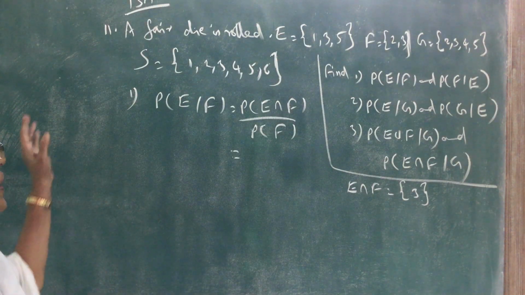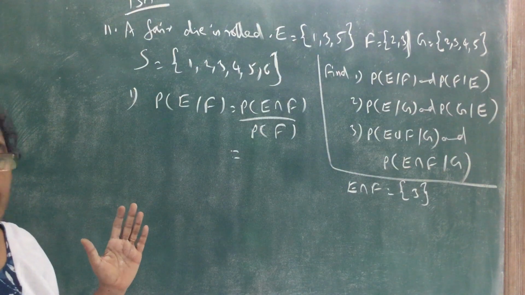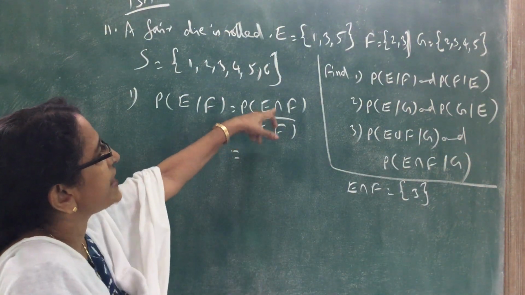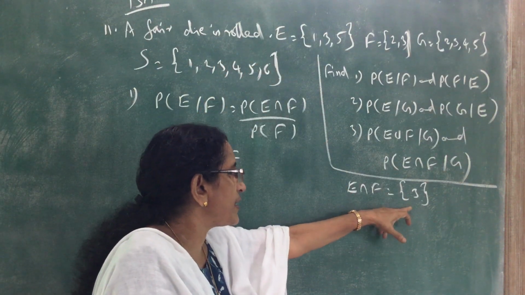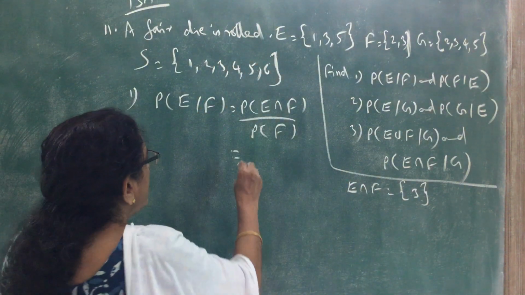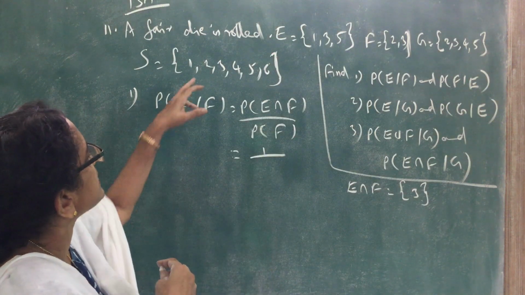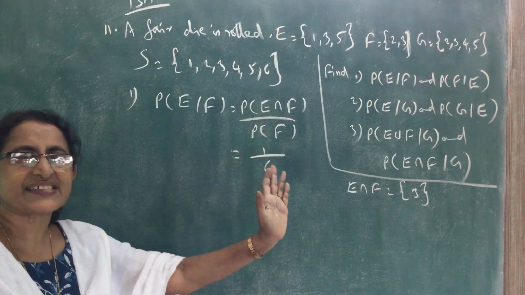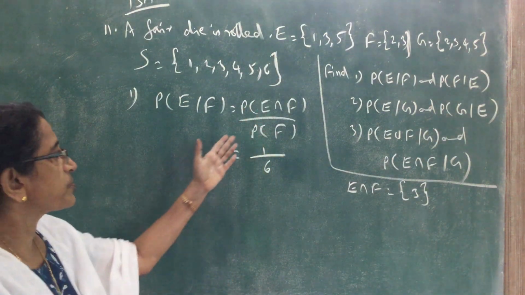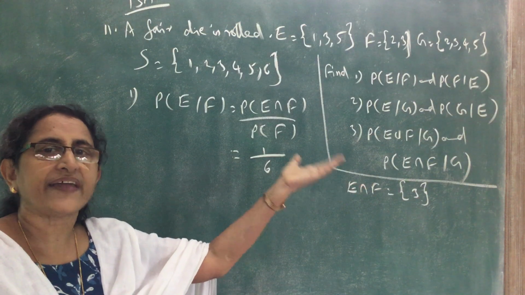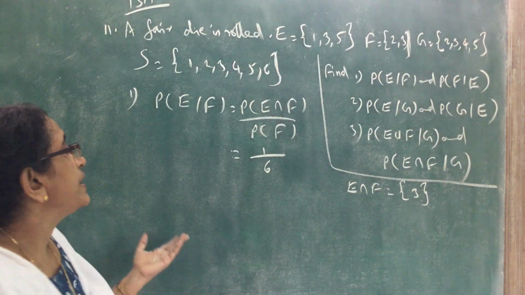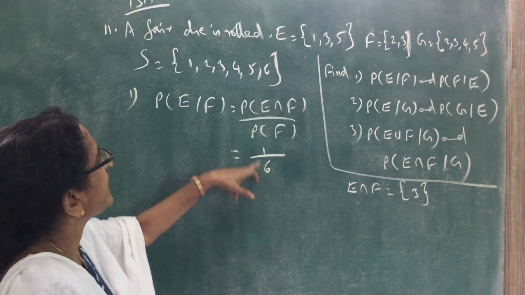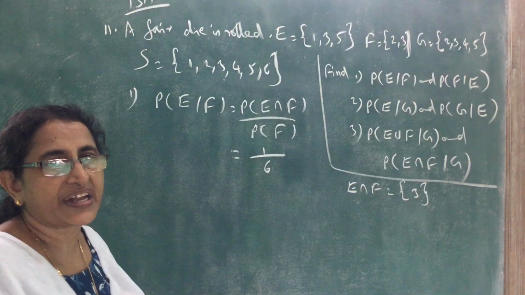Write it as a set. Now directly we can find the probability. Probability of E intersection F is the number of elements in E intersection F, which is 1, divided by the total number of elements in the sample space, 6, so 1 by 6.